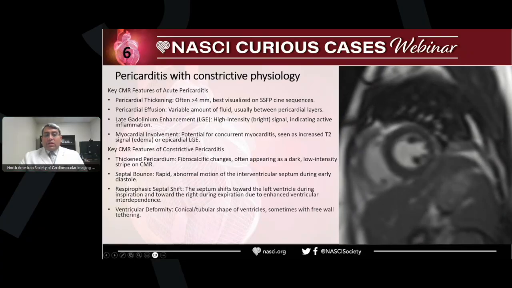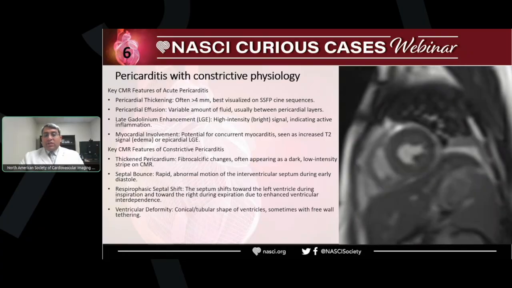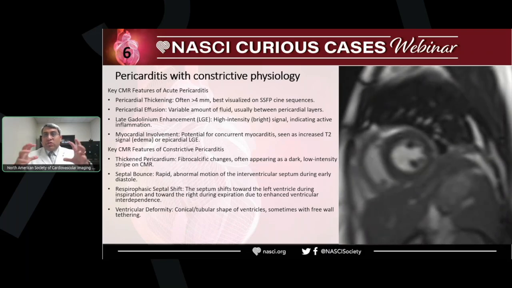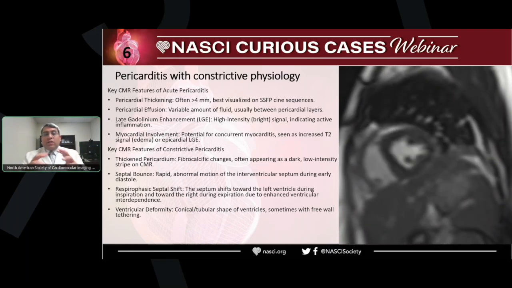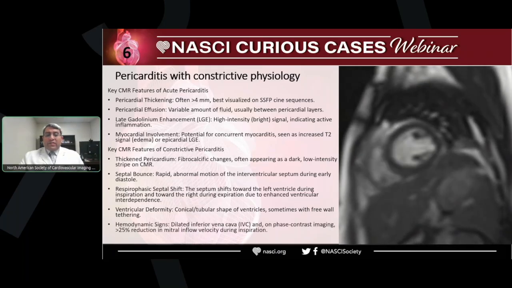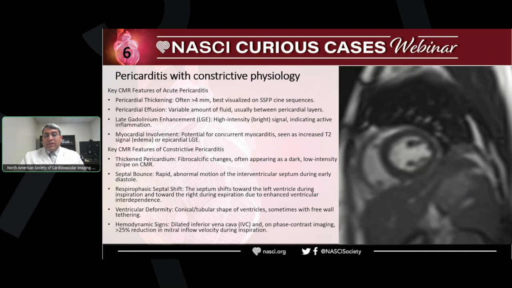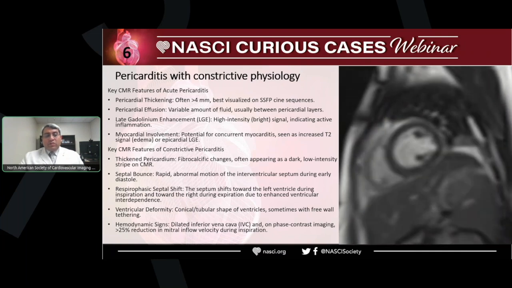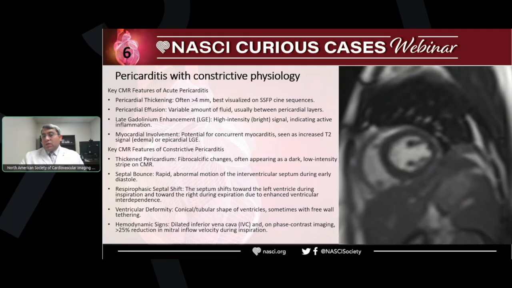Ventricular deformity, a conical or tubular shaped ventricle, sometimes with free wall tethering because of the pressure of the constrictive pericardium on the heart. And hemodynamic signs: dilated inferior vena cava, IVC, and on phase contrast imaging, more than 25% reduction in mitral inflow velocity during inspiration.